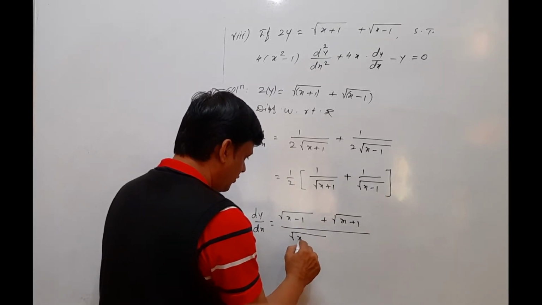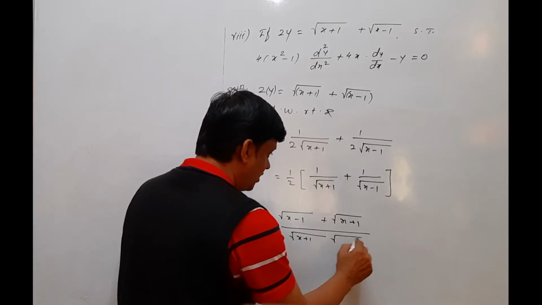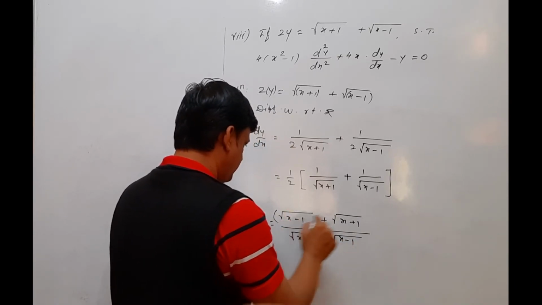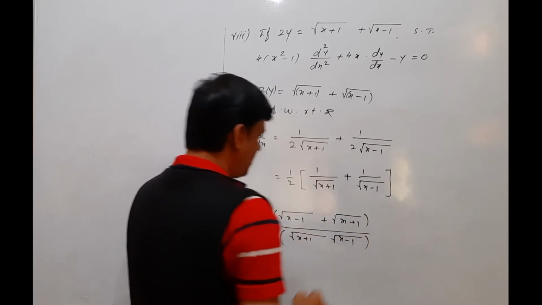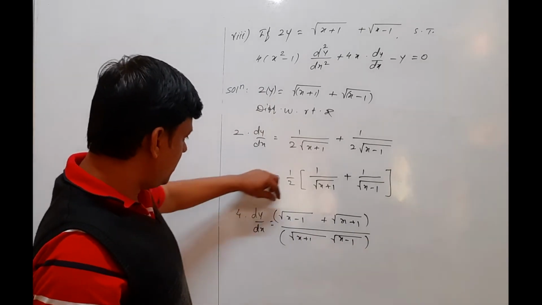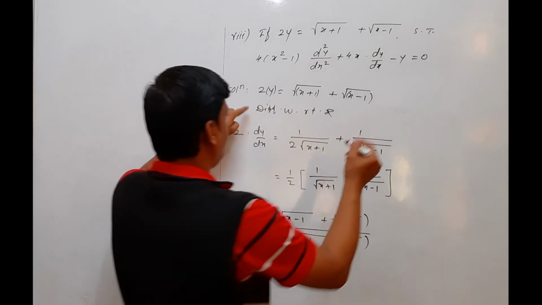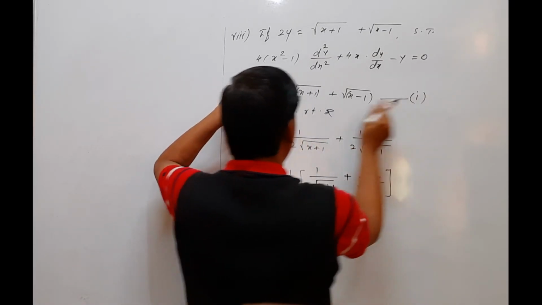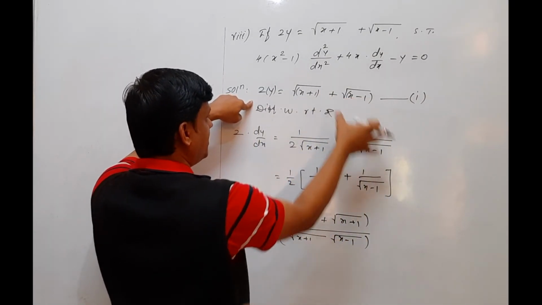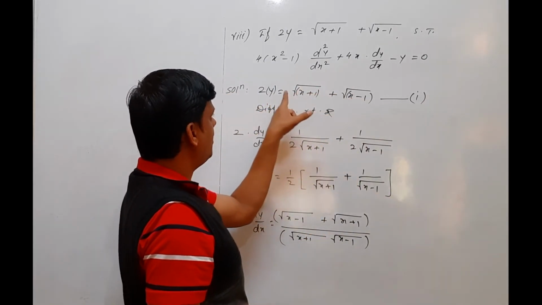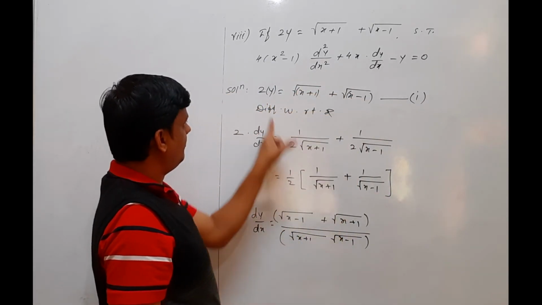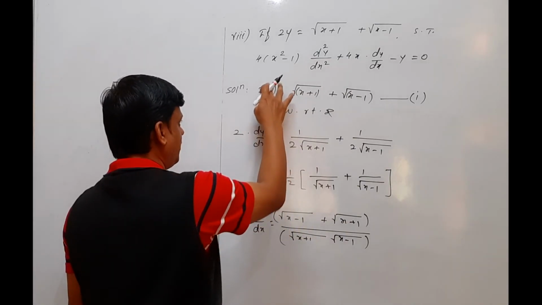So write root x plus 1 into root x minus 1. Now if you observe, this numerator root x minus 1 plus root x plus 1 is the same as root x plus 1 plus root x minus 1. That means we have to replace this numerator by twice y from equation number 1.